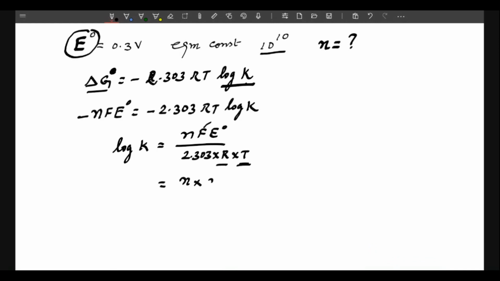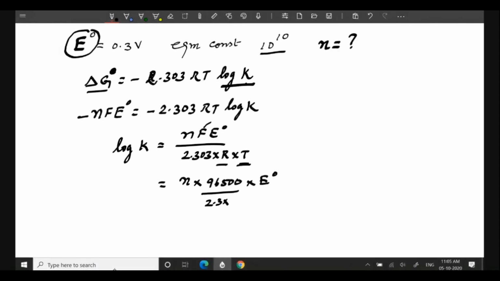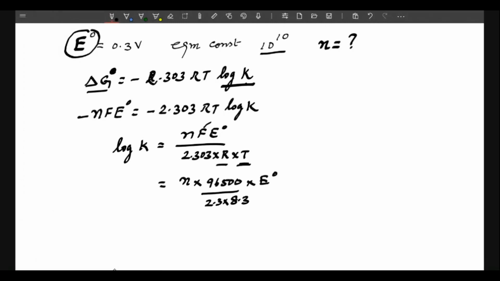So n into 96,000 coulombs into E naught in volt divided by 2.3 into R, 8.314 joule, into temperature 298. These values are constant, and this value is equal to 0.0592.